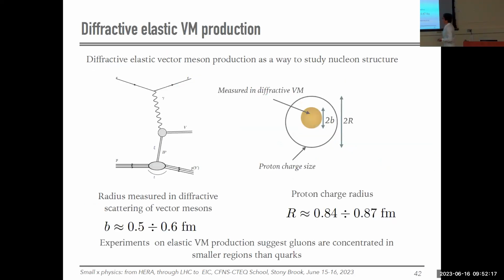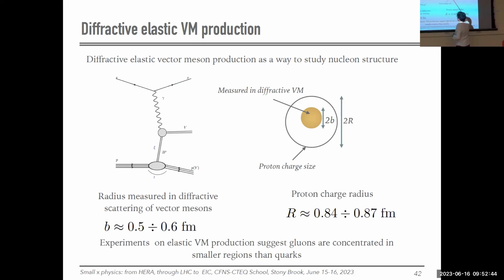And so you do a similar thing if you do this elastic vector meson production. It's a very simple probe of what is going on here, and this target stays intact. Then you look at how this proton scatters as a function of T, and you can extract, for example, the profile and the radius.